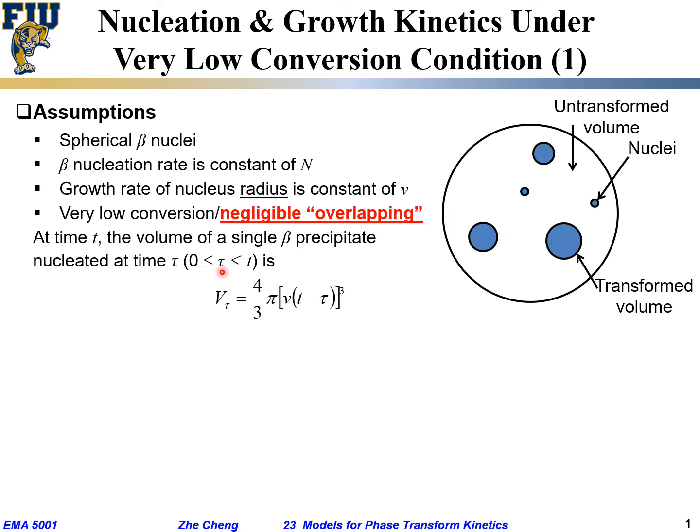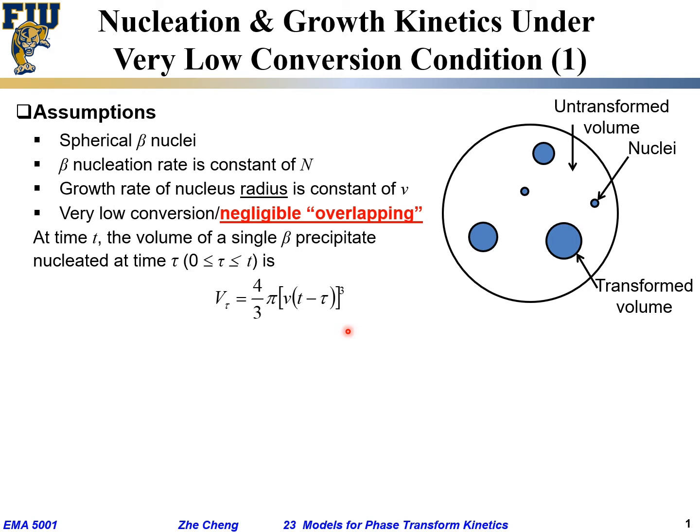But if tau is smaller than t, then at time t, the total time left for it to grow is t minus tau. v times (t minus tau) gives the radius. Of course, we are assuming the initial nucleus size is negligible.